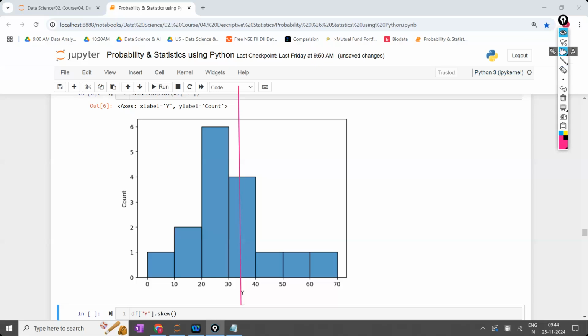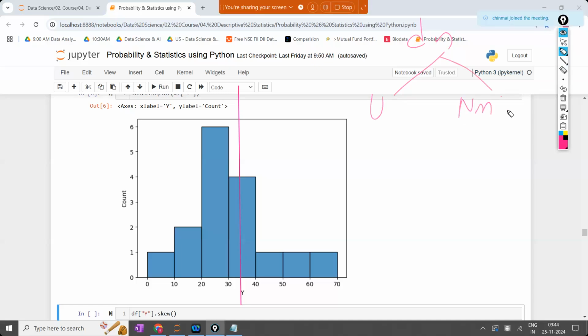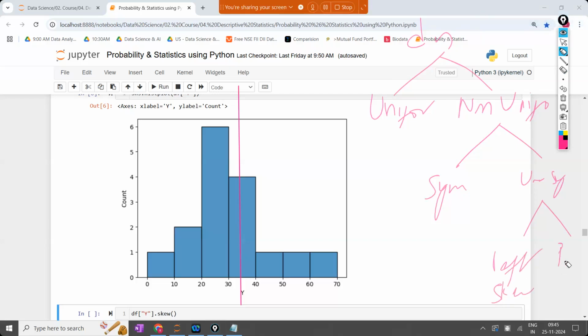So, distributions are of two types: uniform and non-uniform. Within the non-uniform, symmetrical, which is the normal distribution, and unsymmetrical. And within the unsymmetrical, left skewed and right skewed. Like this, this is the flow chart.